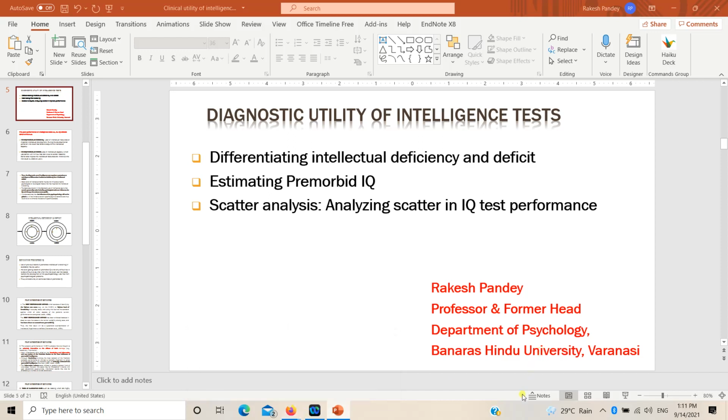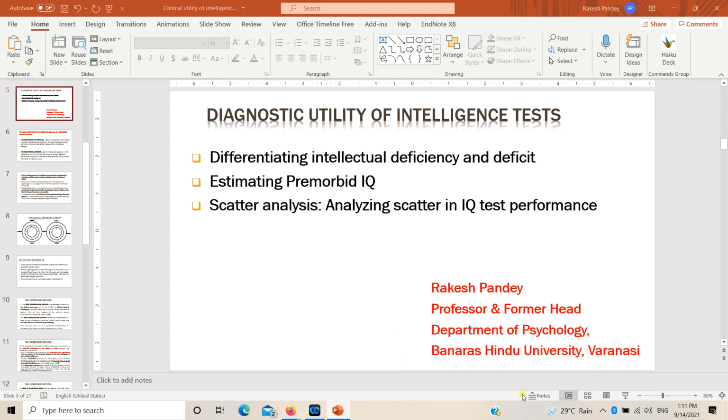Today I will continue on the clinical or diagnostic utility of intelligence tests. The first topic, which will be a type of revision for you, is how we can differentiate between intellectual deficiency and deficit. For inferring deficit we must have knowledge of the IQ level before morbidity, before illness, before psychopathology.